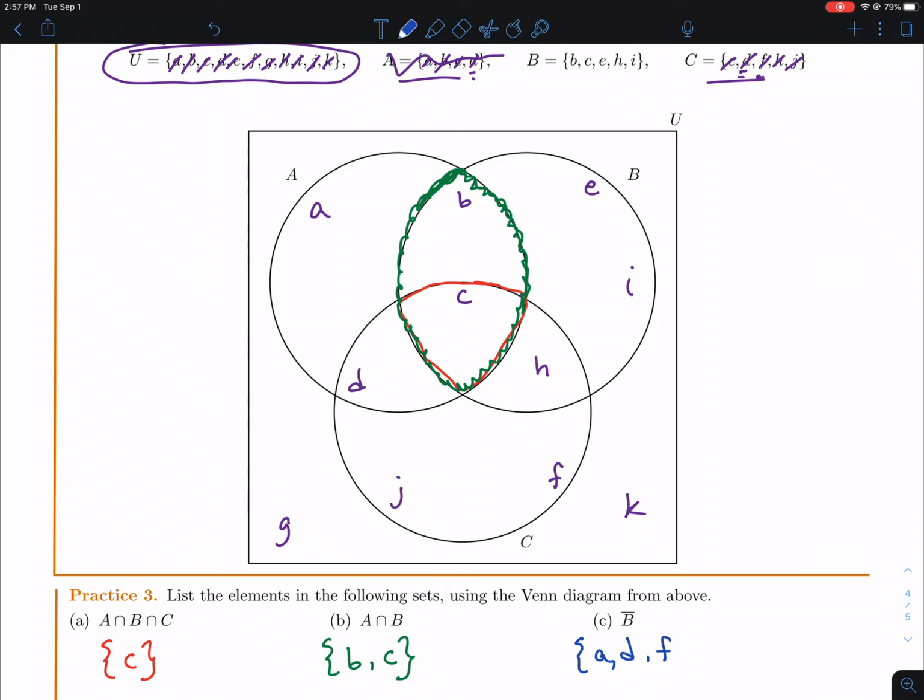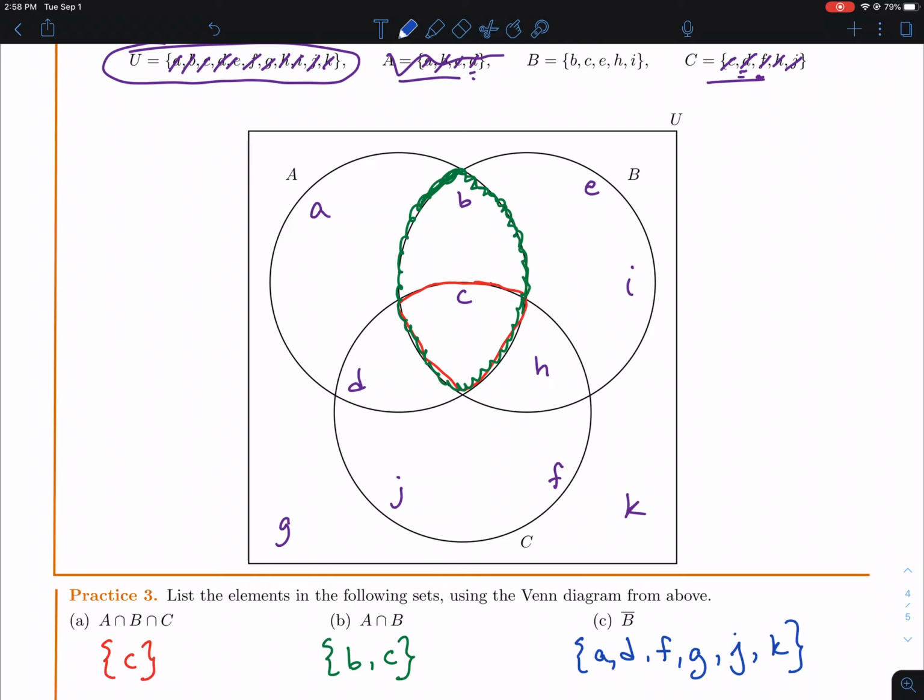F isn't in the list, so let's add F. G's not in the list, so let's add G. H is in there, so we can't have H. I is in there, so we can't have I. J is not in B, so J would go here. And then finally, K. So again, if you've got a list, that's one way you can do it. You can work through the list and figure out what's available.